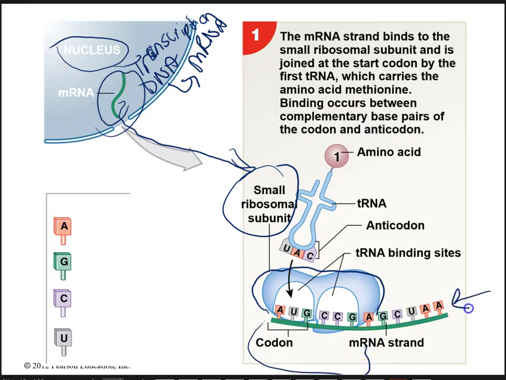Okay, so this strand, that's the mRNA. That's like the recipe that's going to tell us how to make this protein. Down here, each 3 bases, again, is a codon. So there's one, right? Each 3 of these is a codon. The tRNA, right?